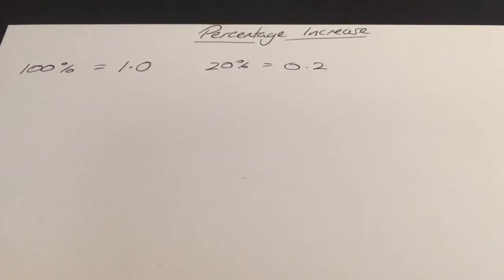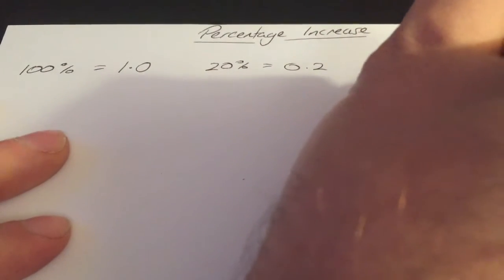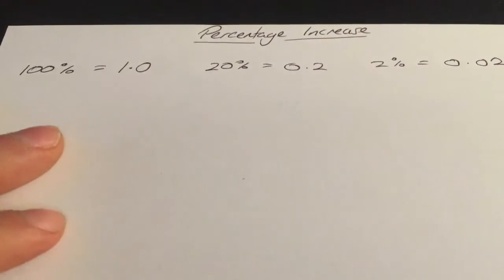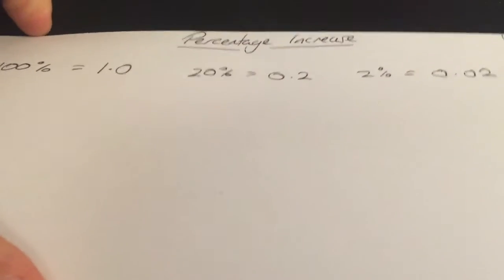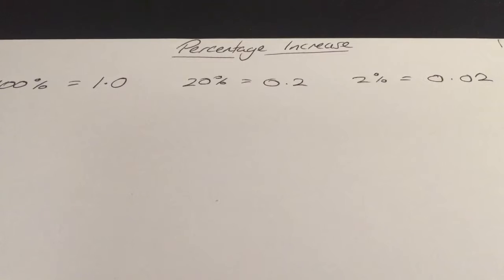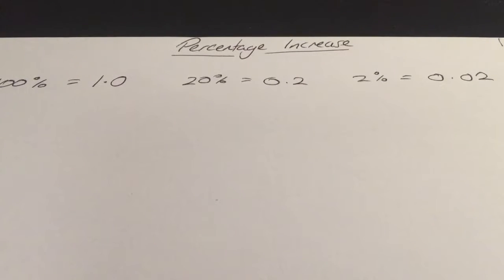It's always good form just to have it as 0.2. And 2% would be the equivalent of saying 0.02 as a decimal fraction. Now, as long as you're comfortable with this, the whole task is not going to be a problem.